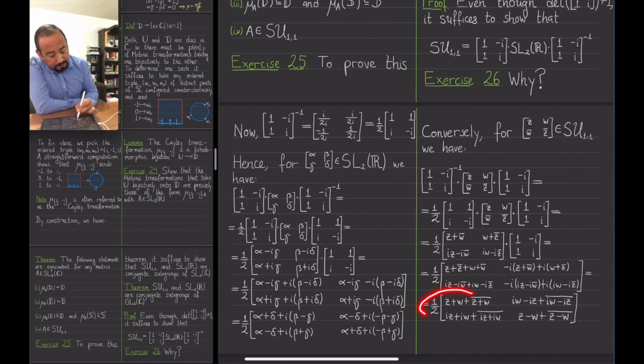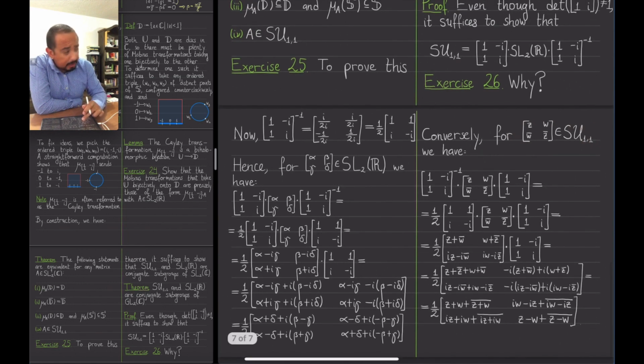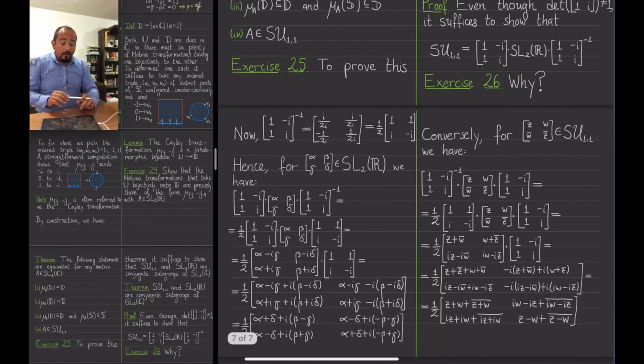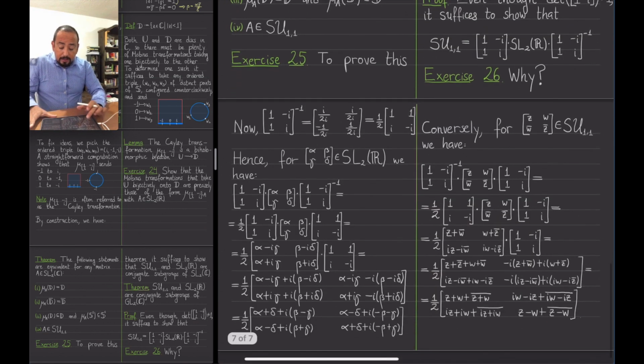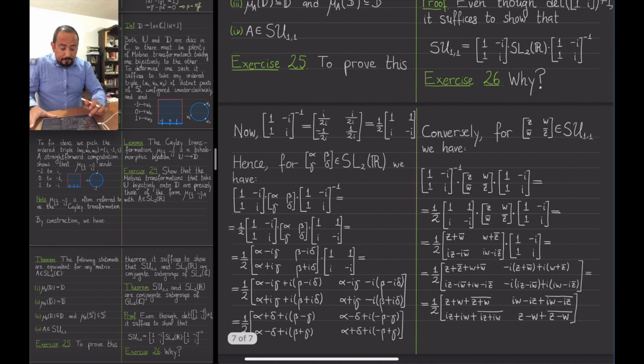So this is actually a matrix with real entries, and it has determinant 1 because this had determinant 1. So it's in SL2R. And that's going to be it for today. So this was a short class.